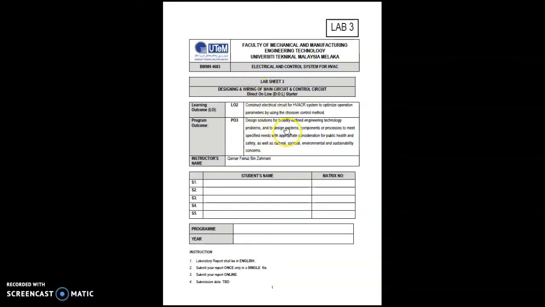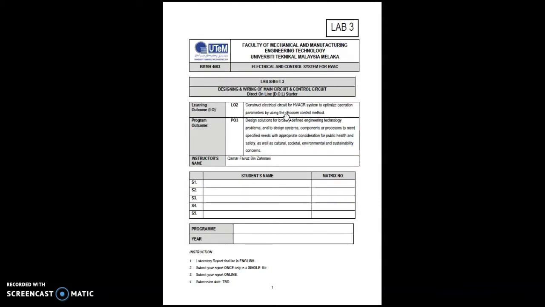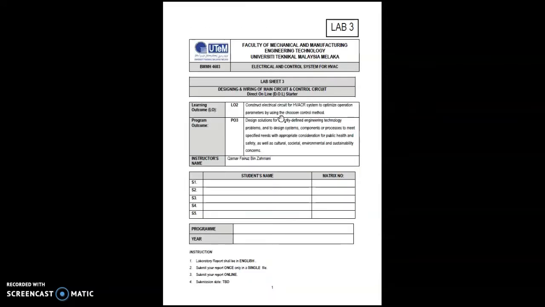But this time we take a different approach: I will conduct the experiment and show you by video. What you have to do is list all the sequence steps for all the circuit.